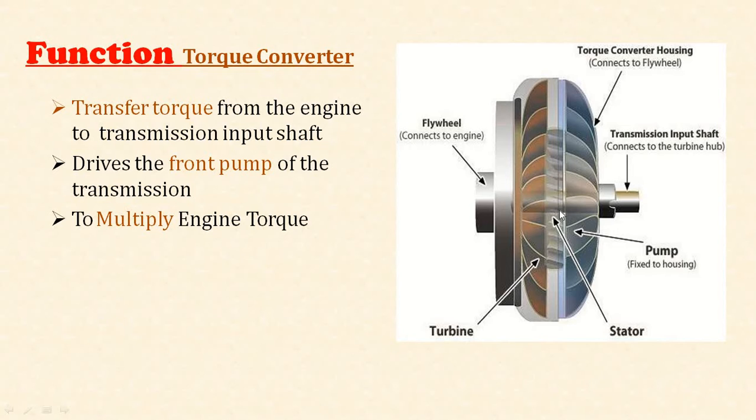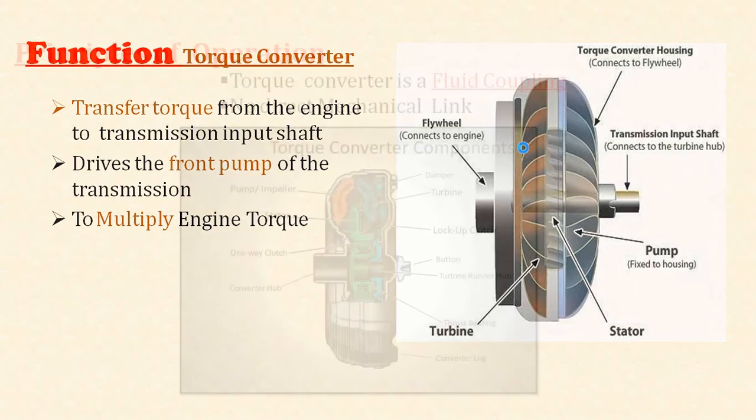It replaces the clutch, and the middle part is called the stator, which is fixed. After that, the next part is the pump, with a fixed housing to cover the whole assembly. And the output, that is the transmission input, connects to the turbine hub; that shaft is shown. And the torque converter housing is shown connected to the flywheel.